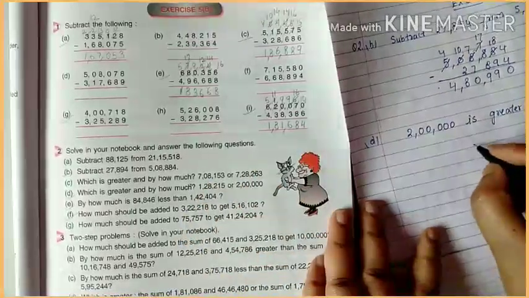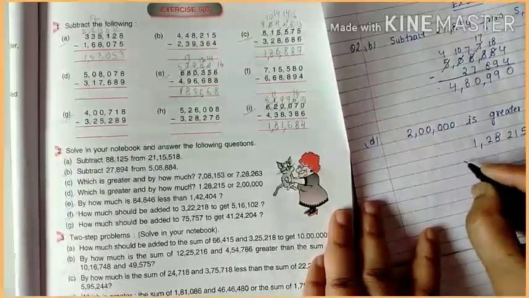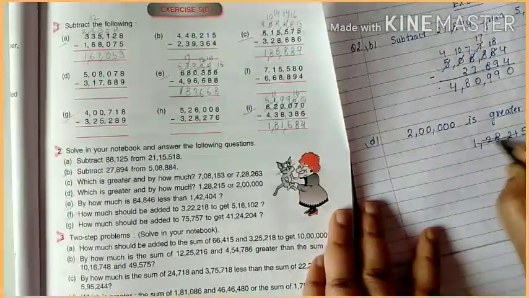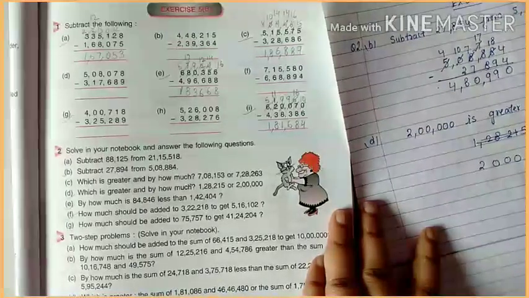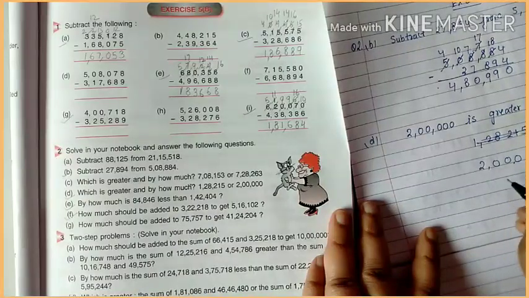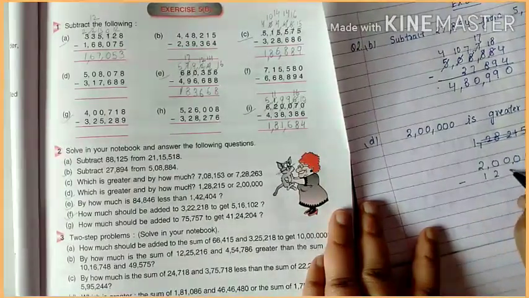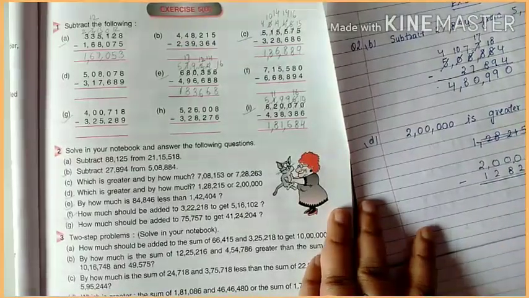Now they are asking how much. So write 2 lakh minus 1,28,215. So we are doing the minus.